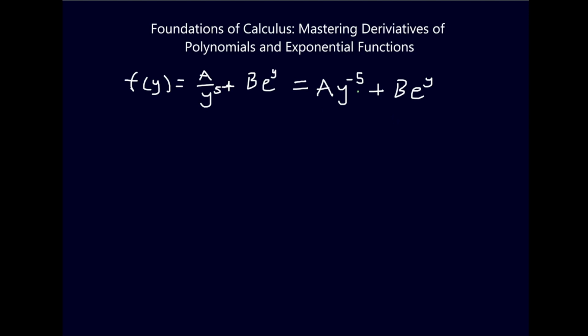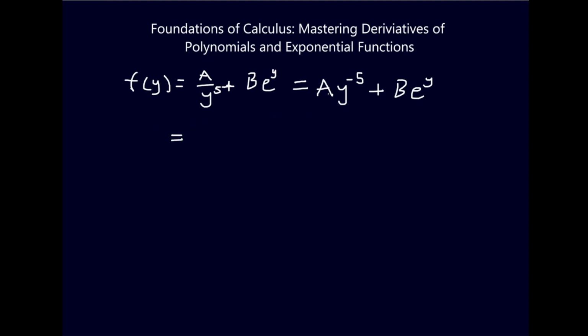Now, three rules we have to use right away. First, we have a polynomial term and an exponential function separated by a plus. So to take the derivative of this, we can take the derivative of each separately. So we have to use the summation rule. Also, remember from before, the derivative of e to the x, x being y in this case, is e to the y.